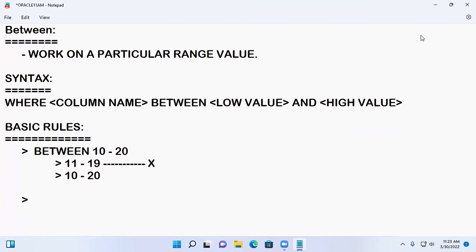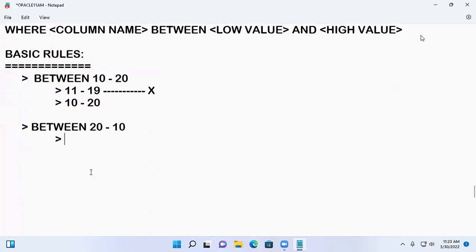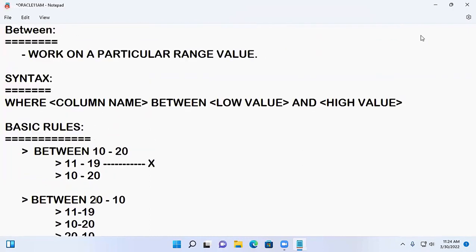And the second rule, guys: suppose I use the BETWEEN operator with 20 to 10. What is my output for this? Do you expect 11 to 19, or 20 to 10, or 10 to 20, or 19 to 11? Which one do you expect? We may expect 20 to 10, but that is wrong, because the BETWEEN operator should not be applied from high to low values.